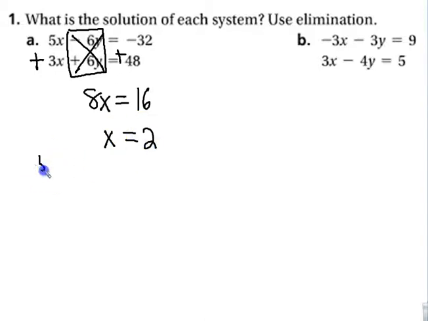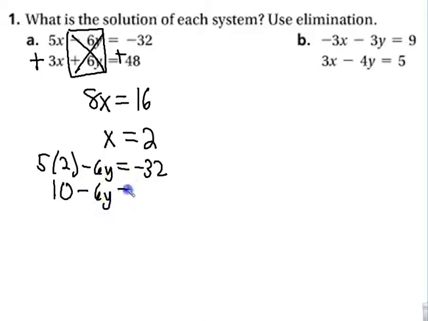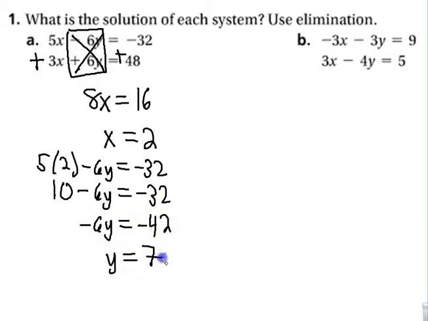So then I plug it in. 5 times 2 minus 6y equals negative 32. 10 minus 6y equals negative 32. Negative 6y equals negative 42. Y equals 7. Final ordered pair, 2, 7.